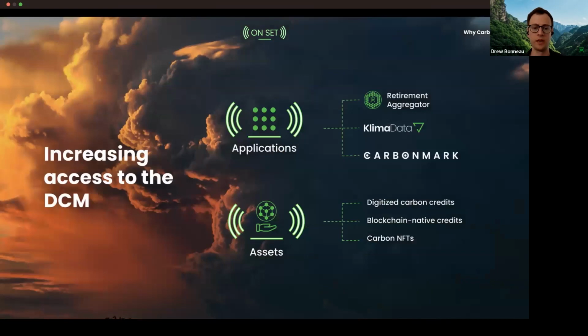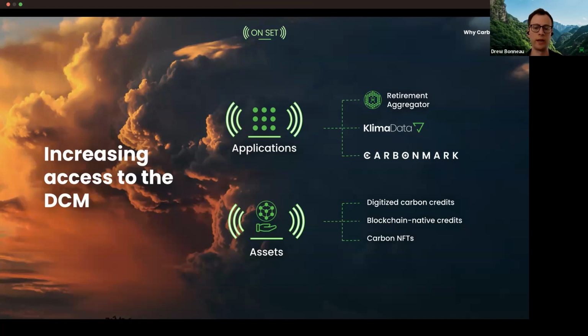So we've developed a number of disparate products thus far, and we're working to integrate them seamlessly into Carbonmark. For example, the retirement aggregator handles key functionality, such as the routing of assets between different trading pools on the Polygon network, as well as the retirement itself. Another example is our usage of KlimaDAO and the insights it provides on digital carbon market dynamics, including asset prices and project availability.